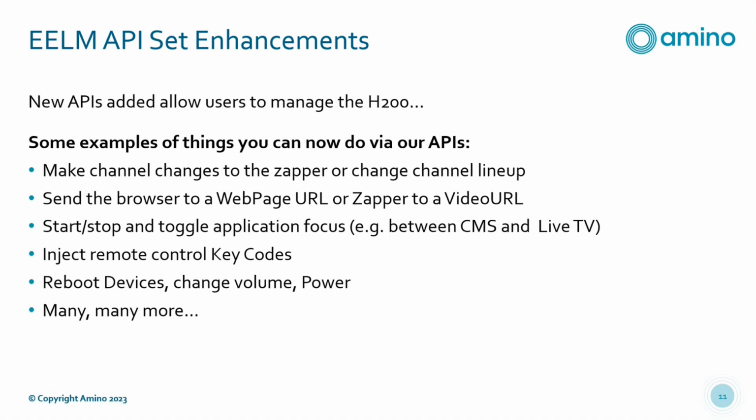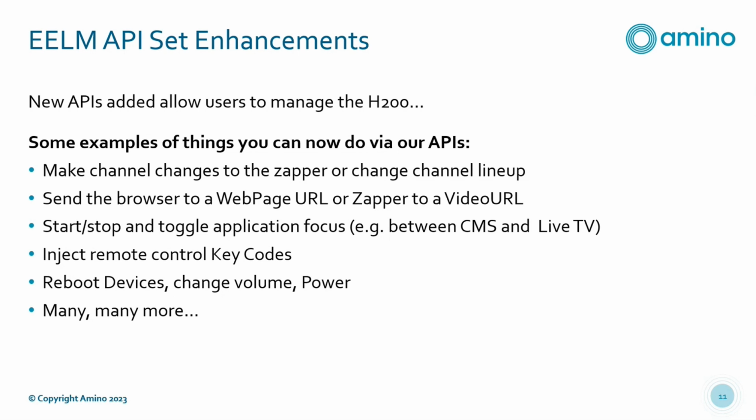You can now access those APIs directly on the H200 and control things like changing channel on the channel zapper, or making changes to the channel lineup. Maybe you want to send the browser to a web page URL, or send the zapper to a video URL, for example. We can start and stop and toggle application focus.